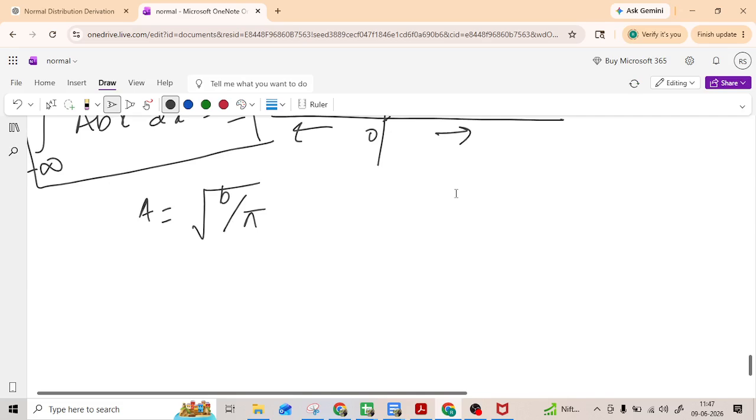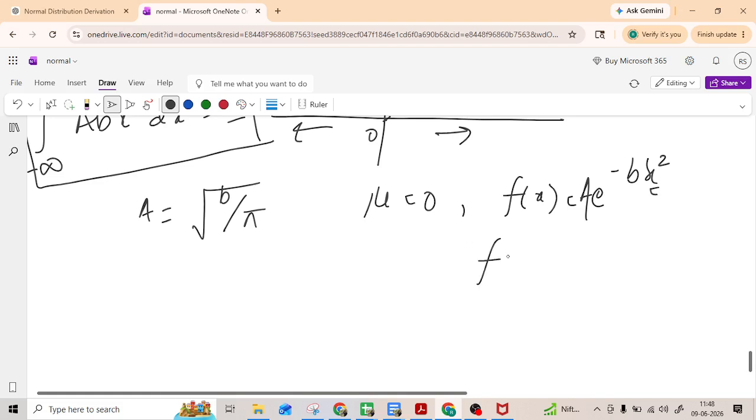Okay, so we know the expectation, the mean, is 0. There's another way through which you can identify that the mean is 0, because f(x) is nothing but a into e raised to the power minus bx square. Now if you look into this, this is symmetrical about x and minus x.